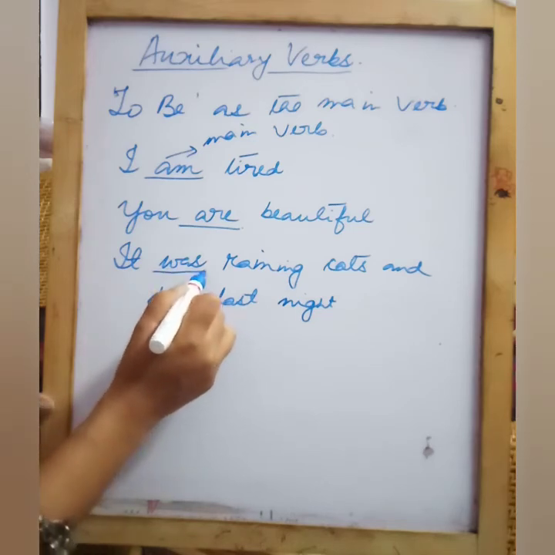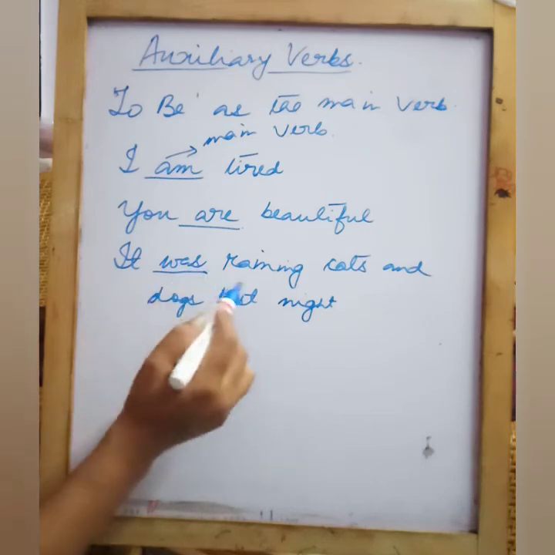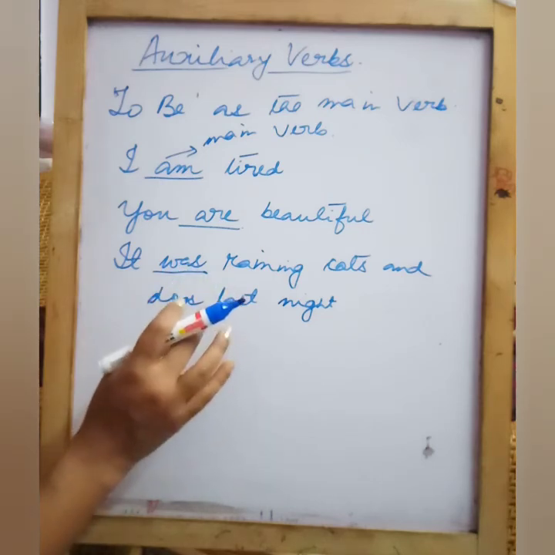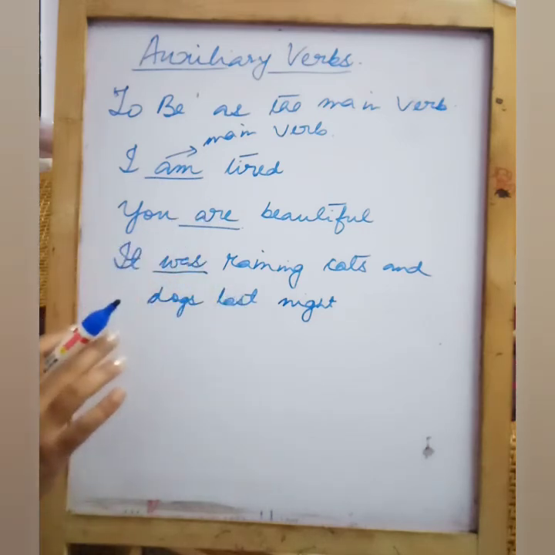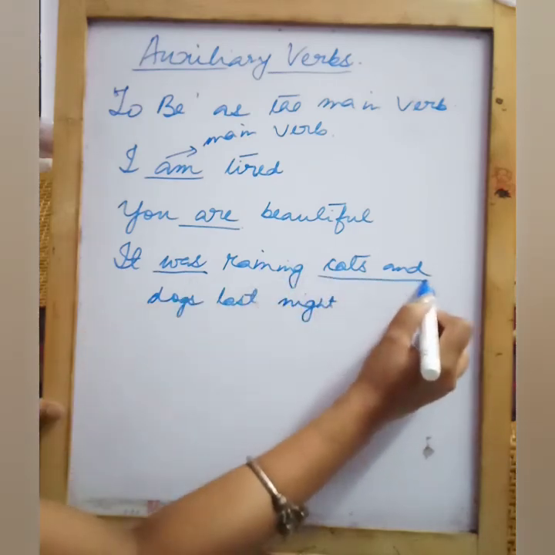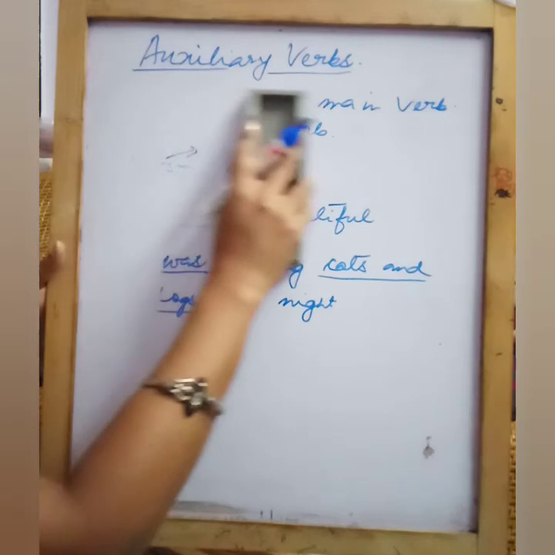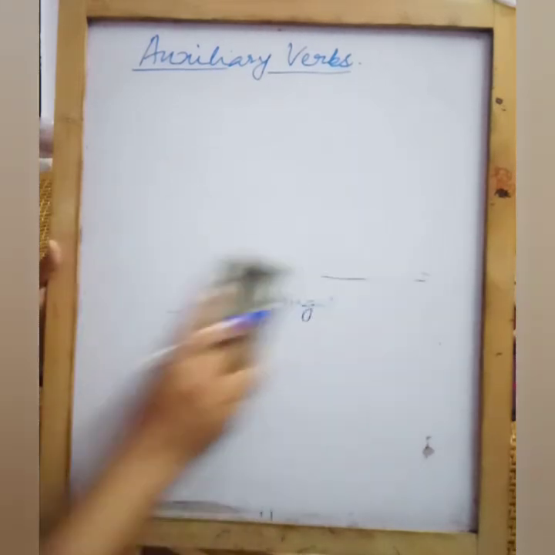It is an auxiliary verb acting as the main verb, or you can say it is a to be verb acting as the main verb, because there are no action words, isn't it? No action words. So, and if you talk of this one, cats and dogs, it's a proverb. Cats and dogs means it was raining heavily. Alright, it means raining heavily. So this is all about to be verbs.